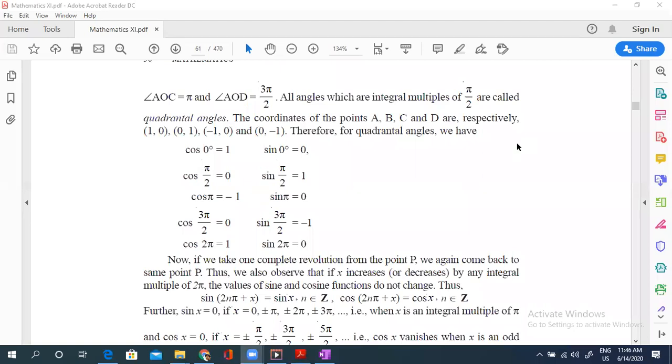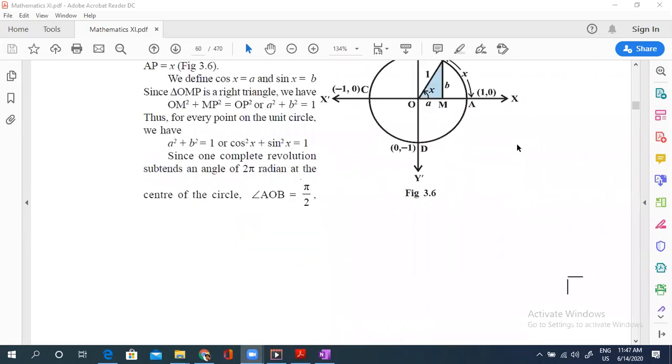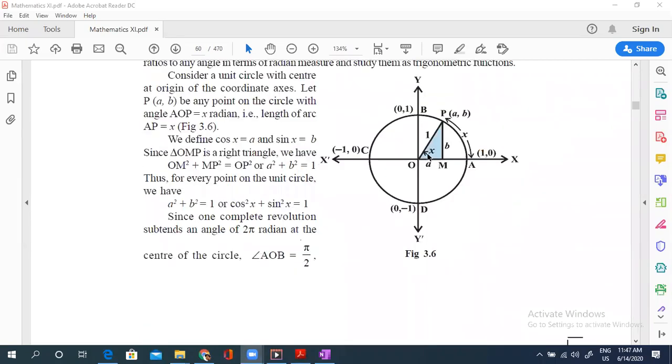Okay, so when we talk about the angles, you can just see that this angle is your 0 degree, this is your 90 degree, or pi by 2, है ना? This is your 180 degree or pi.